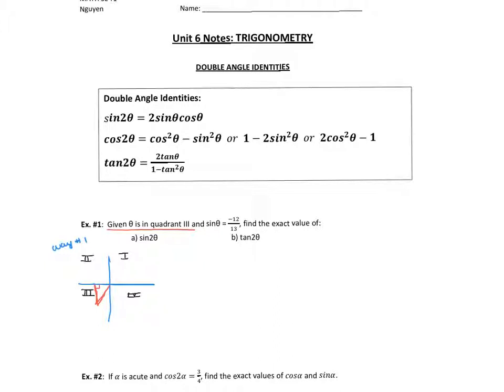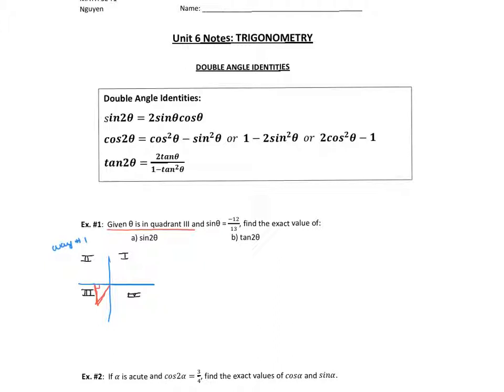In quadrant 3, what are the signs of your cosine and sine functions? Are they both negative? One positive, one negative? Are they both positive? What are the signs? They're both negative, right? They're both negative. Okay.